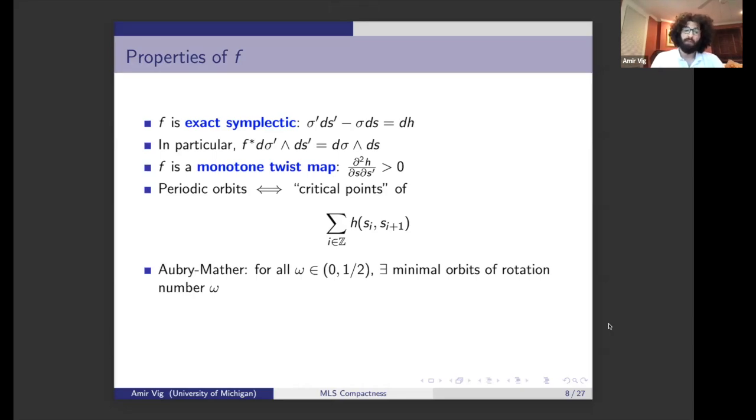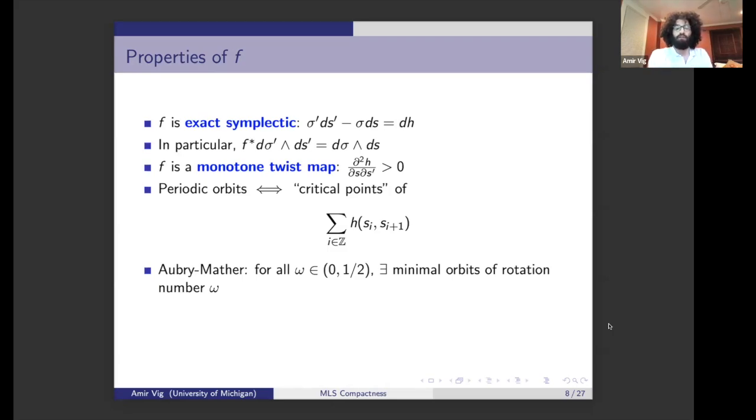A theorem of Aubry and Mather says that for every rotation number between 0 and 1/2, there exist minimal orbits of rotation number omega. If h here, which is our action, is minus the length, then a minimal orbit, an action minimizing orbit, is the same thing as an orbit which has maximal length, subject to some boundary constraints.